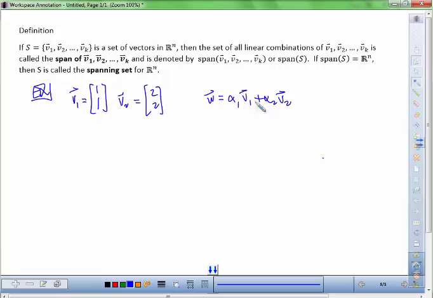So if you have these two vectors, you got alpha 1 times 1, 1 plus alpha 2 times 2, 2. This looks like it's alpha 1 times 3. Is that right? No. Alpha 1 plus 2 alpha 2, alpha 1 plus 2 alpha 2.